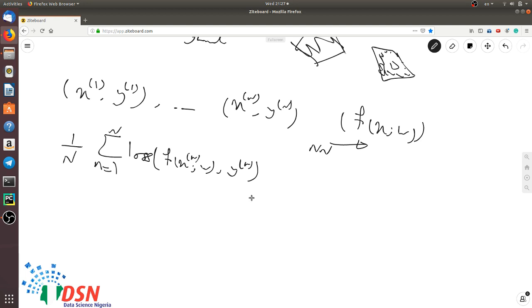We want to optimize the network parameters to minimize this error function.